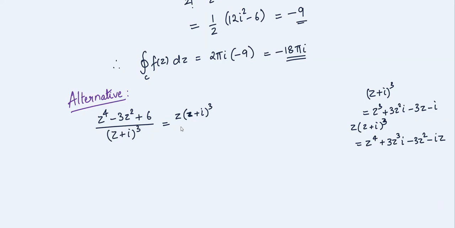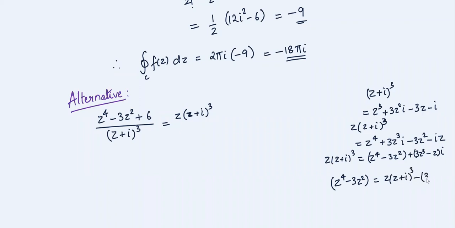So I have 3z square plus 6 available. Therefore z power 4 minus 3z square will be z into (z plus i) whole cube minus 3z cube minus z times i, plus 6.